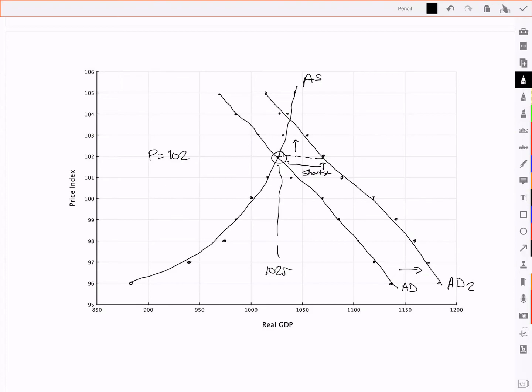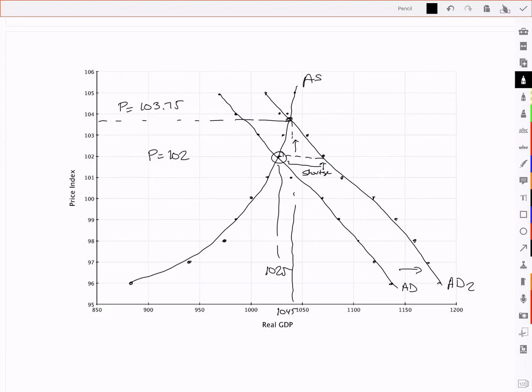So where do we end up? Well, on our graph, we end up about here. So we have a price level, let's say, of 103.75. Okay, and what's happened to real GDP? Well, real GDP has increased, and now it looks like it's closer to 1045.